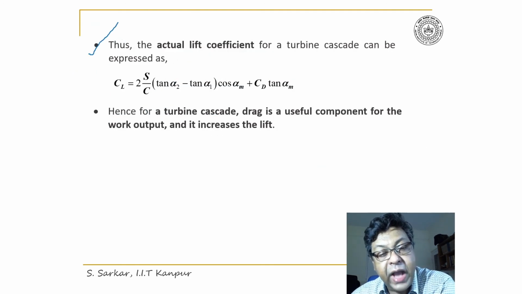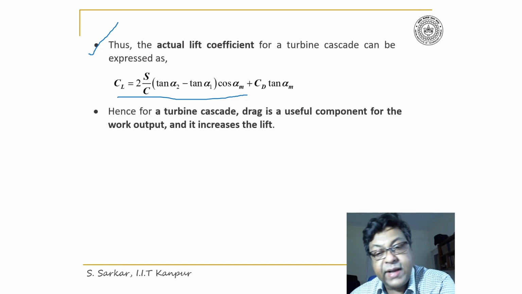Thus, the actual lift coefficient for a turbine cascade can be expressed as CL equal to twice S by C within bracket tan alpha 2 minus tan alpha 1 into cos alpha m plus CD into tan alpha m.